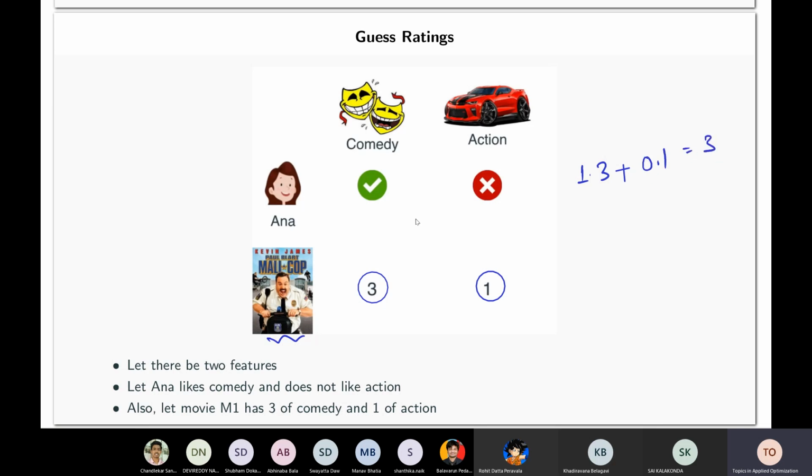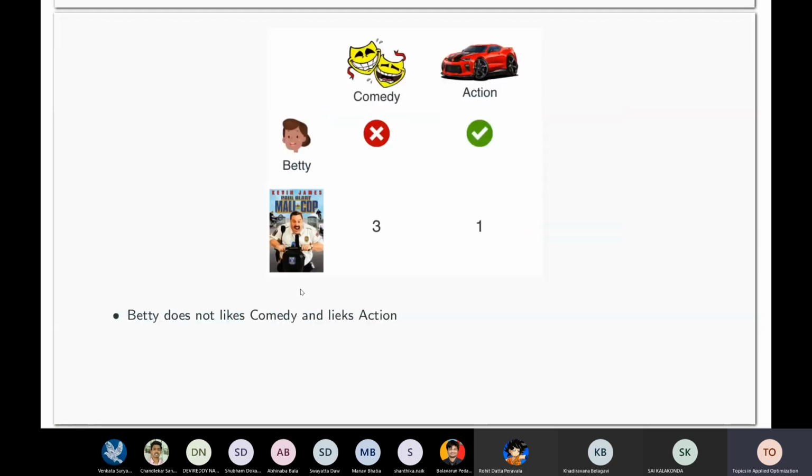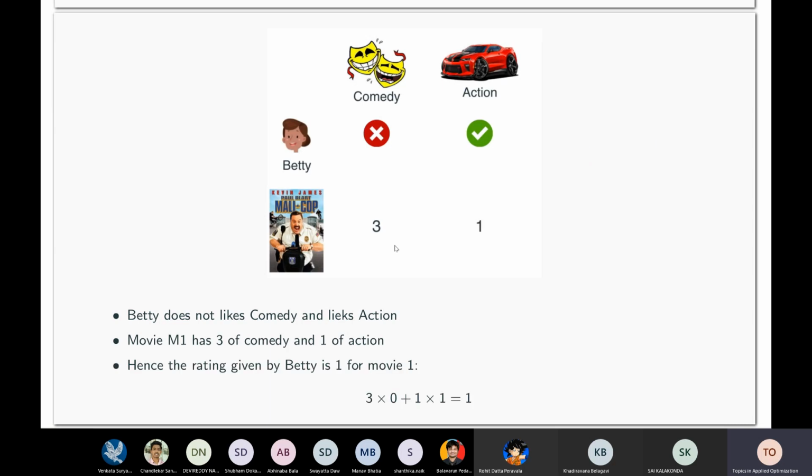So she is most likely going to rate this movie as 3. And similarly, Betty doesn't like comedy and she likes action. So it's 0 times 3 plus 1 times 1. So it's 1. So she is likely to give a rating of 1.